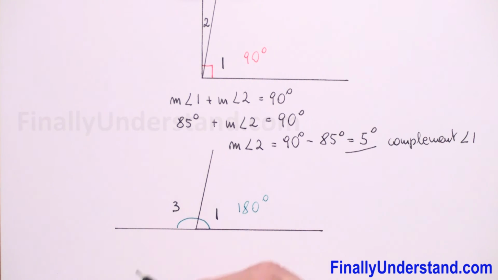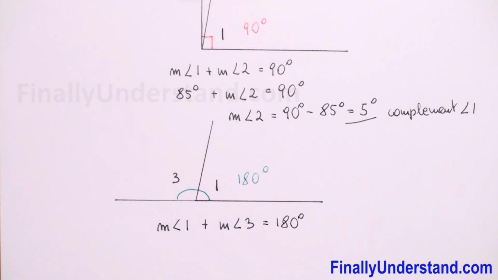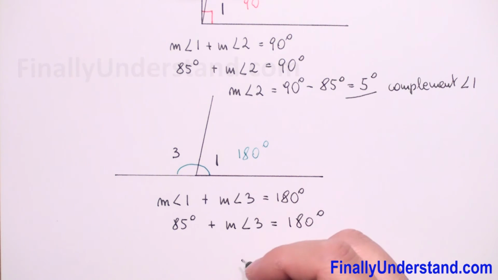So let me write that the measure of angle 1 and the measure of angle 3 must be 180 degrees. We know the measure of angle 1 is 85 degrees. We have plus the measure of angle 3, this is 180 degrees. So now I will move 85 to the right side.